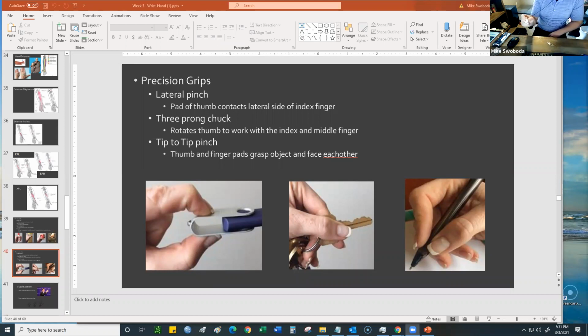So if I didn't have my middle finger here to hold the bottom, and let's say I'm using a pen or something. I don't know where I got this, but I'm kind of pumped that I did, that GCU makes these pretty awesome pens. Anyway, if I'm holding this with essentially a lateral pinch here, but using my middle finger to complete this three-prong chuck, what happens if I take my middle finger away?